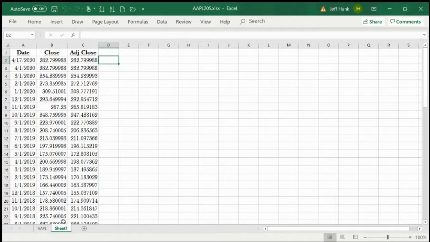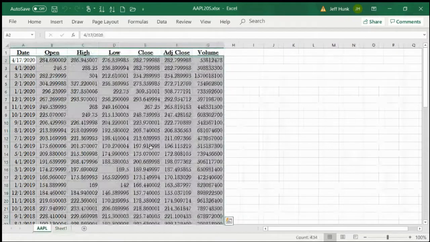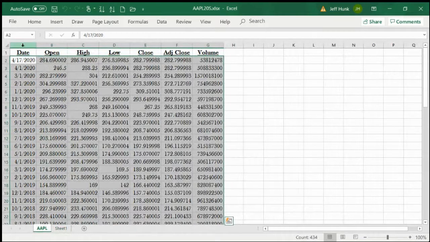I did some housekeeping with the data, because this is the original data that was downloaded. But when we downloaded it originally, it didn't look like this because it was in a default font.